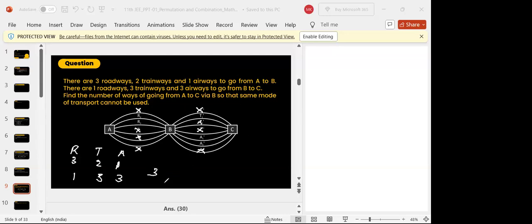And we have 2. So 3, and we have 3 here, we have 2. So 3 into 2 equals 6. And the number of lines that can be chosen is 5. So therefore 3 into 5, which is 30.